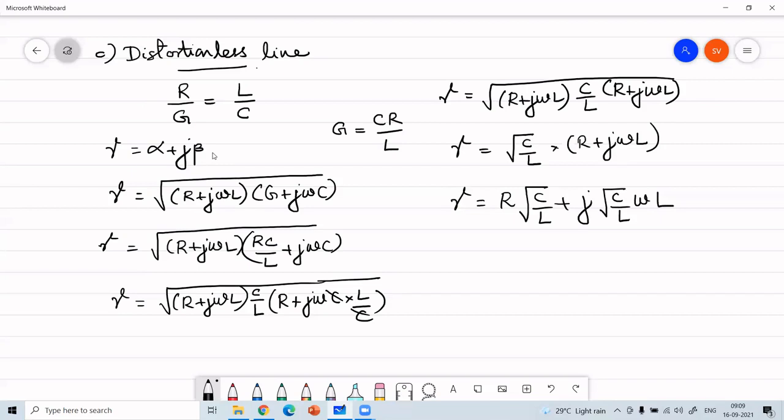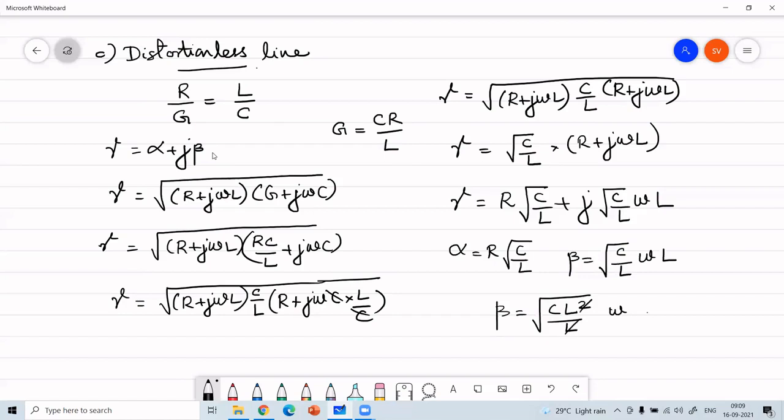And comparing this equation with the equation for the propagation constant, alpha plus j beta, alpha can be written as alpha is equal to R into root of C by L. As we have mentioned earlier, alpha is independent of frequency, and beta can be written as beta is equal to root of C by L into omega L. Or we can write beta is equal to root of C into L squared divided by L into omega.